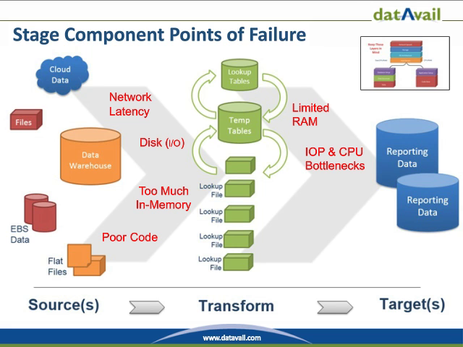I have seen a problem where certain portions of an ETL, like the transformation stage, were trying to do all of the staging, all of the transformation in a virtual machine with limited CPU and limited RAM, and it slowed the whole process down. The whole ETL was running 6 to 8 hours, and what we did in order to improve it was we made a change to one workflow, and we took the virtual machine out of the picture.